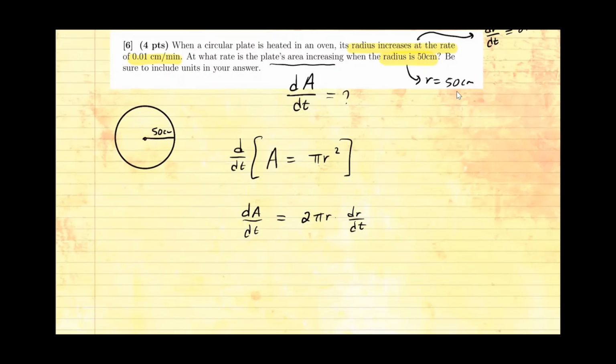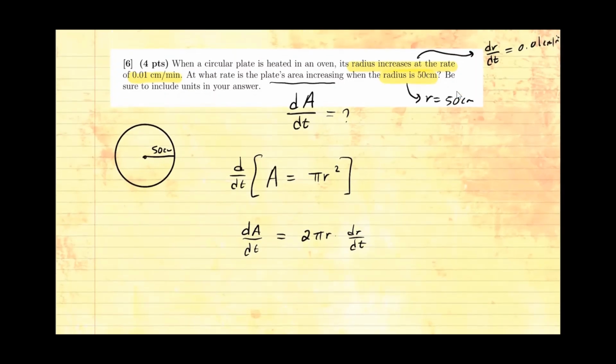Once you do that, you just simply sub in what's been given to you since everything is given and the component you're solving for is already isolated. So it's already nice and clean. Plug everything in. This is 2 pi times r, 0.01. Sorry, r is what? Sorry, I plugged in the rate. 50. There we go.